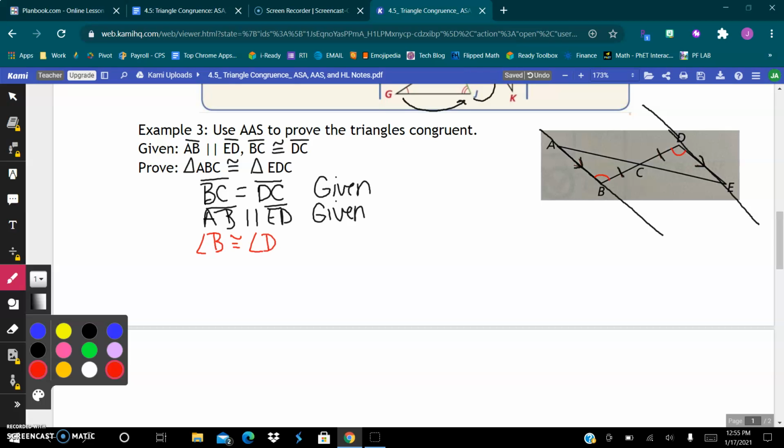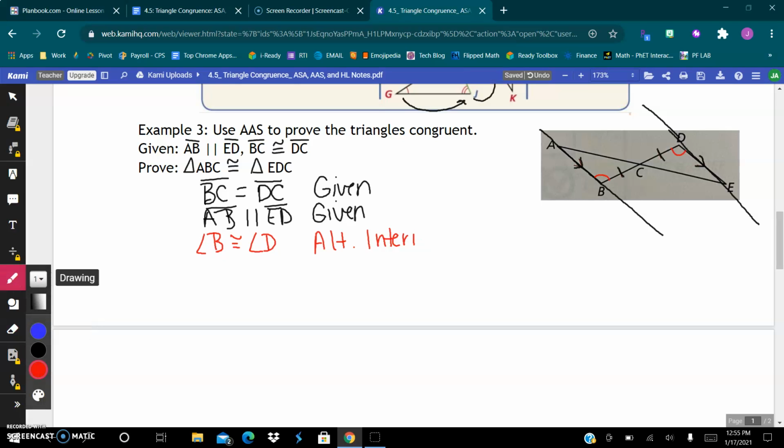They're on opposite sides of the transversal and they're on the inside of our parallel lines. So those are alternate interior angles.